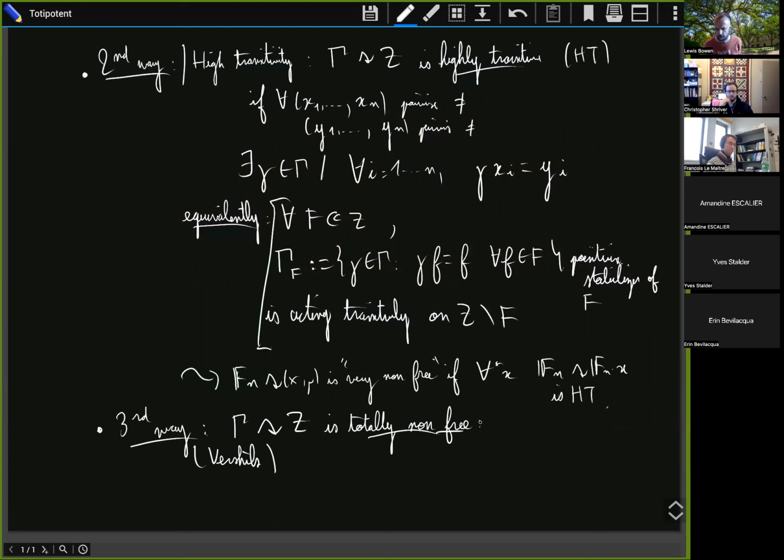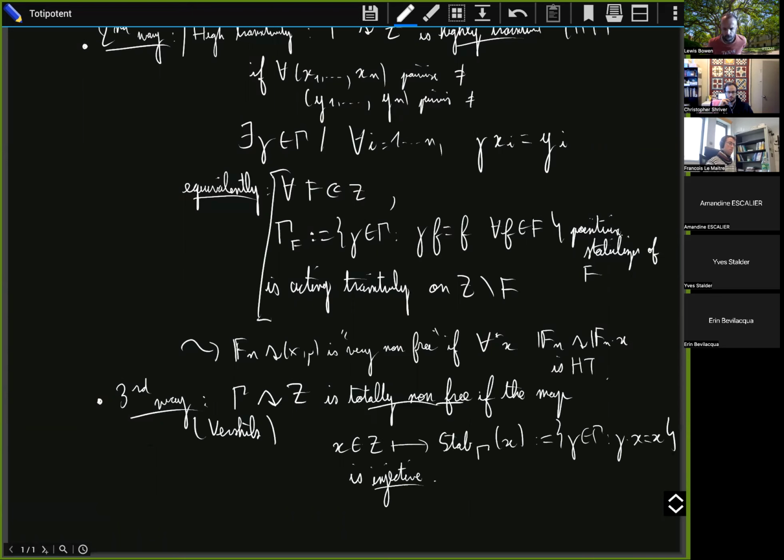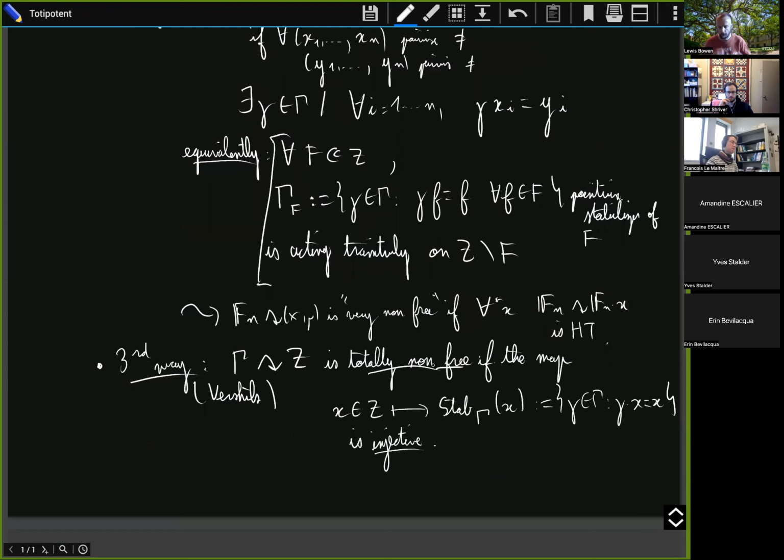This action is totally non-free if the map which takes a point x in Z to the stabilizer in gamma of x, which is by definition the set of gamma in gamma such that gamma x is equal to x, is injective. So why can this be seen as a negation of freeness?